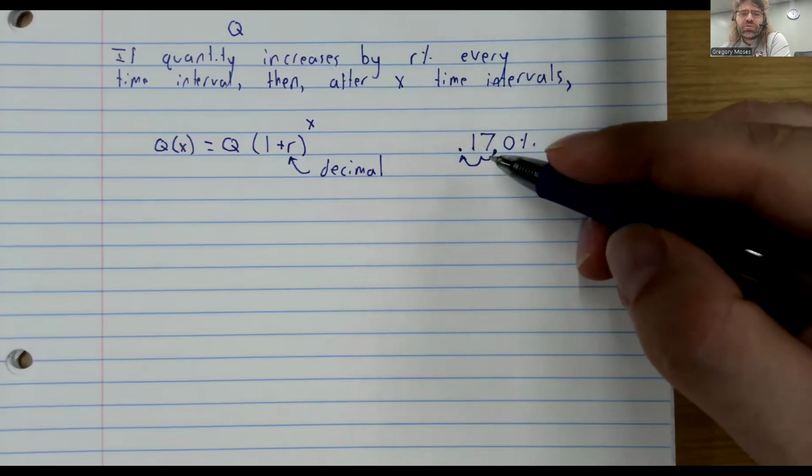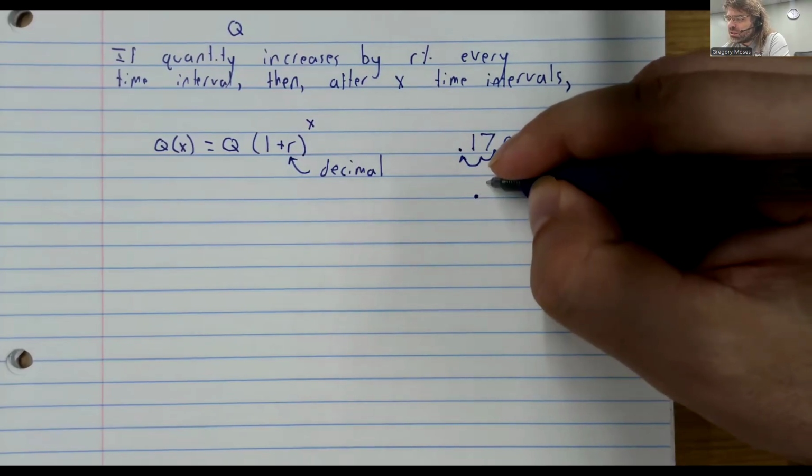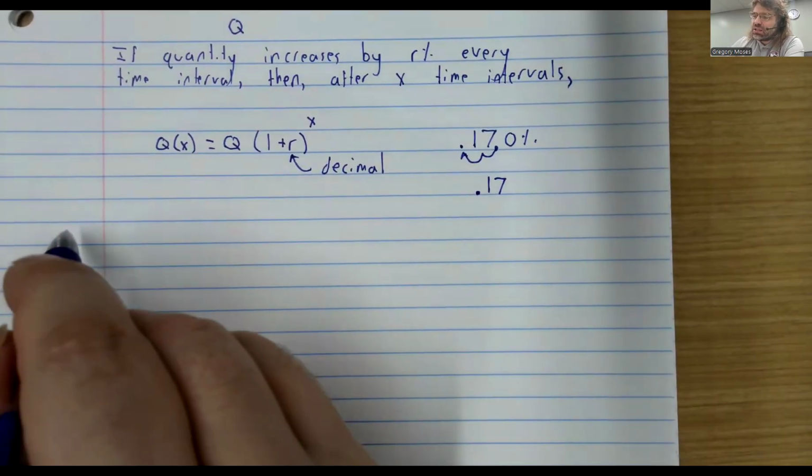So, for example, 17.0% written as a decimal becomes 0.17.